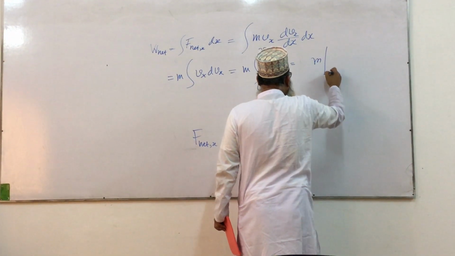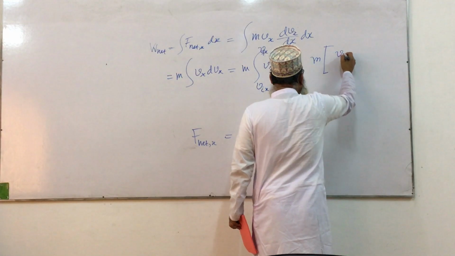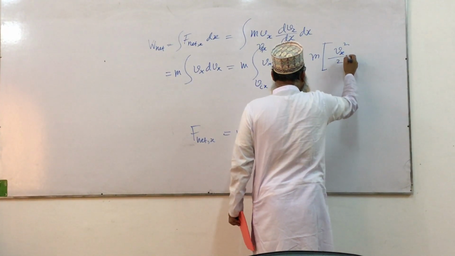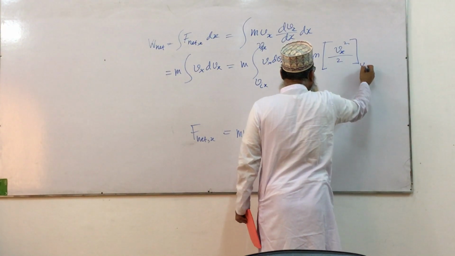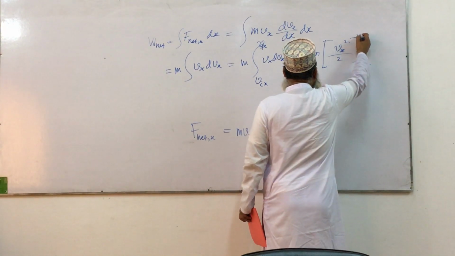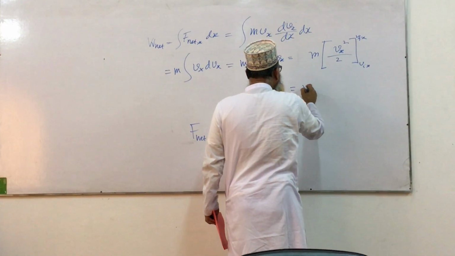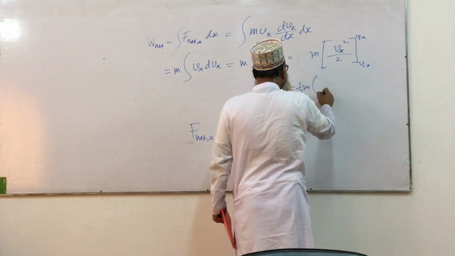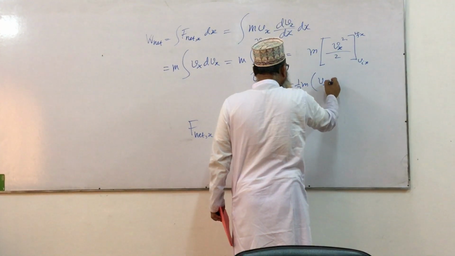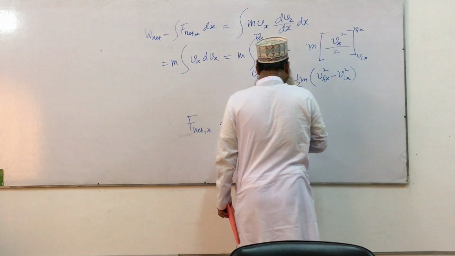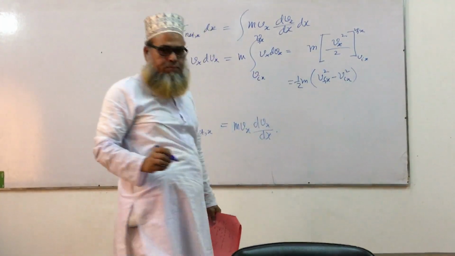Now, what is this integration? m times vx square by 2, from vix to vfx. What will you find? Half m vfx square minus half m vix square.